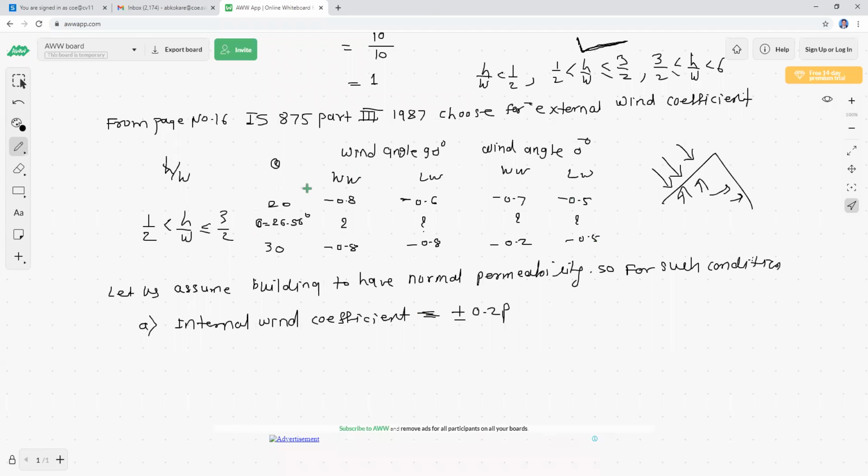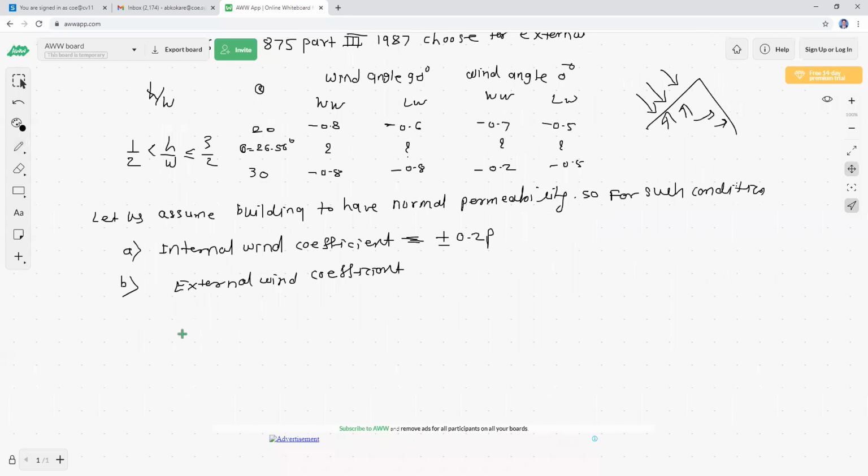These are the external and this is the internal. And B, external wind coefficients. So external wind coefficients we have written already, here. So here we have written the external wind coefficient and this is the internal wind coefficients. Now we have to calculate these external wind coefficients for this theta.